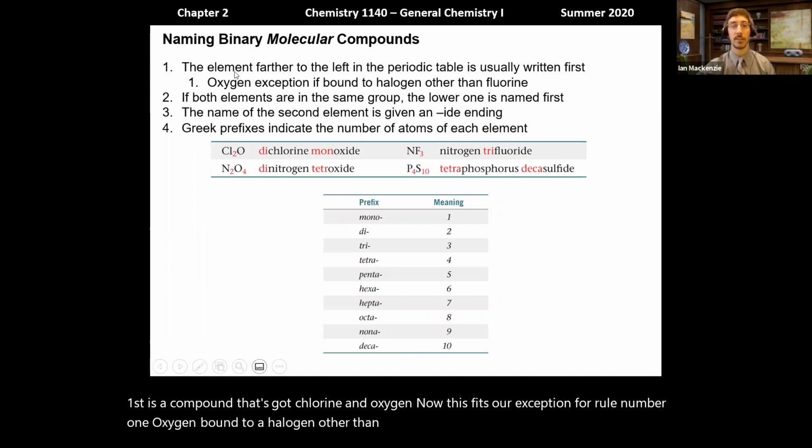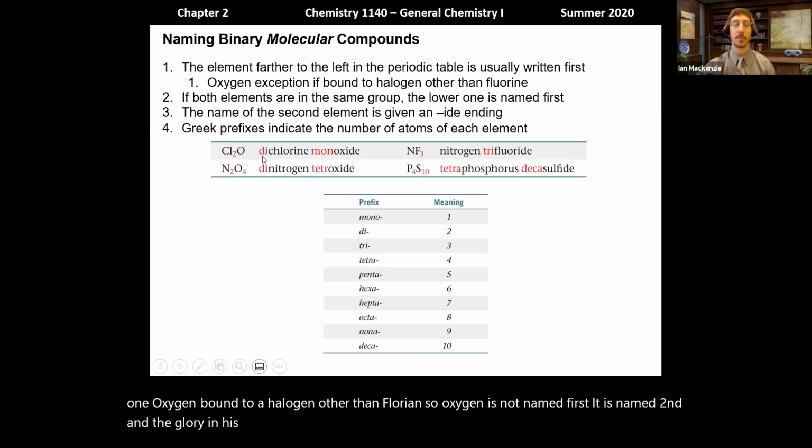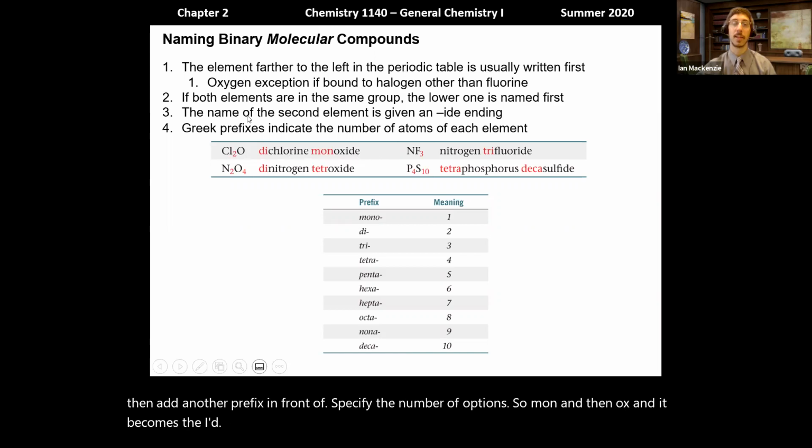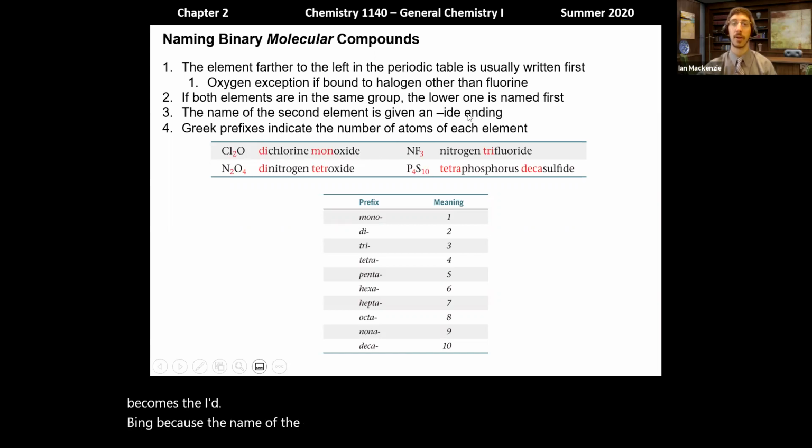So oxygen is not named first. It is named second, and the chlorine is named first. We add a prefix, dichlorine, because there are 2 of them, and then add another prefix in front to specify the number of oxygens, so mon, and then ox, and it becomes the "ide" ending, because the name of the second element becomes "ide".